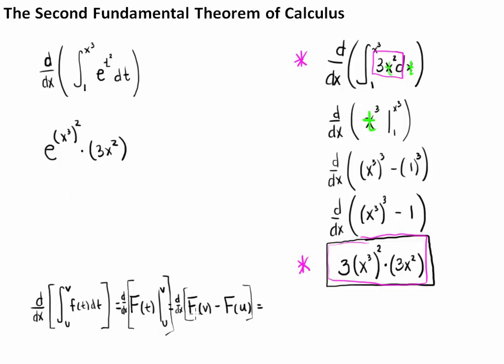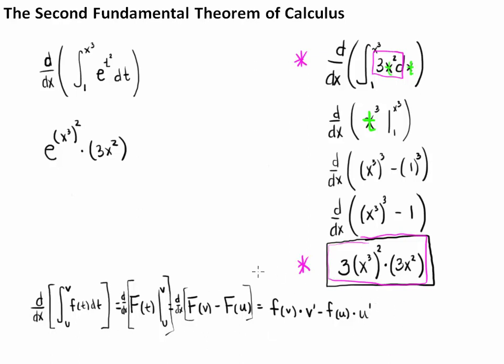The derivative of capital F is going to be lowercase f. Since the antiderivative of lowercase f gave me capital F, the derivative of capital F is going to give me lowercase f. So lowercase f, leave the inside just the way it is. So that's going to be f of v times the derivative of the inside, v prime, minus little f of u times the derivative inside, u prime.